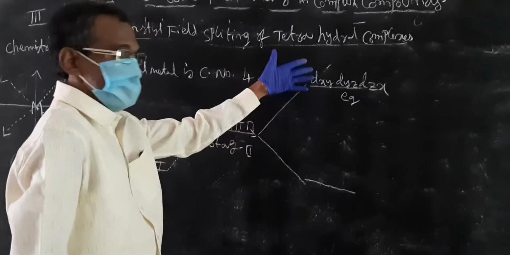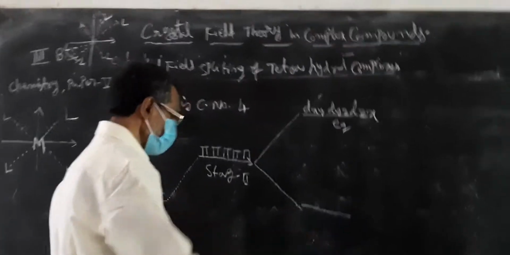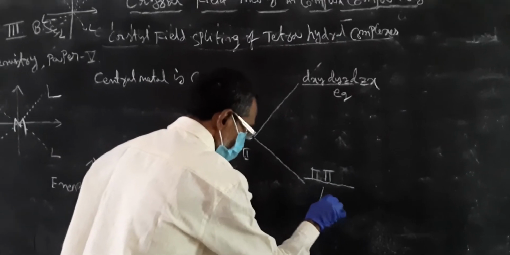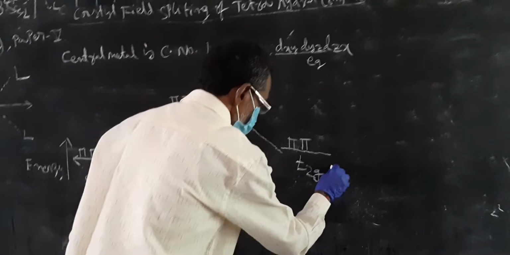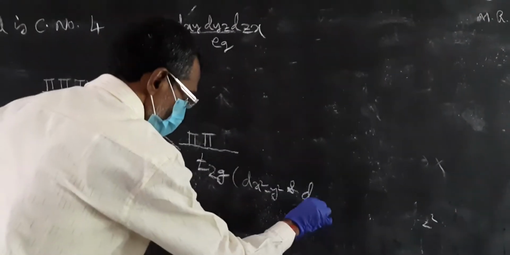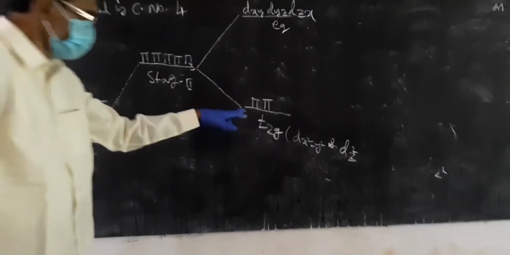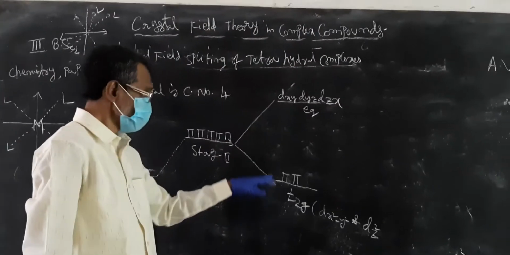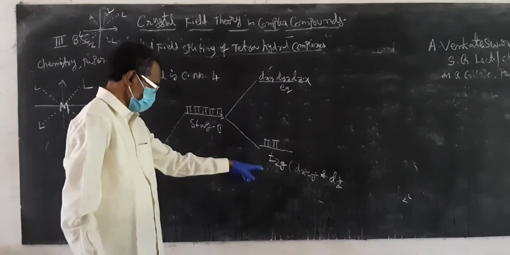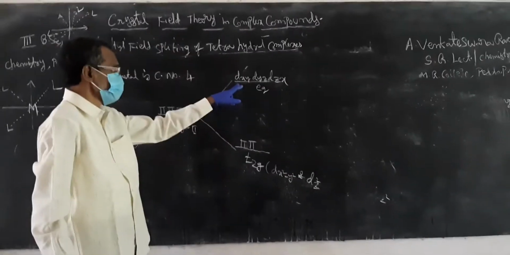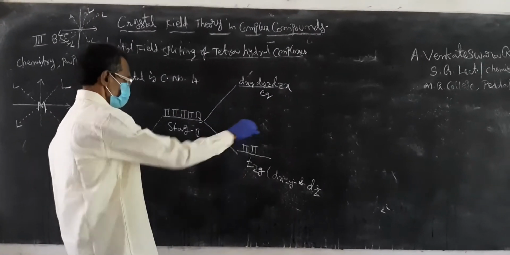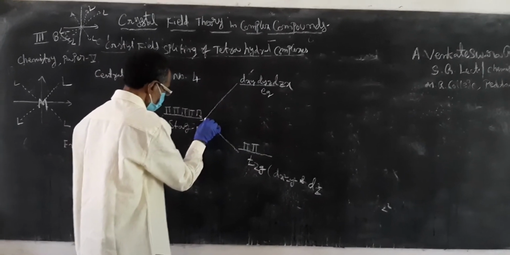The remaining two orbitals, dx square minus y square and dz square, are at lower energy in the ground state. In tetrahedral complexes these are stable and lower energy, but the others are higher energy, showing lower stability.